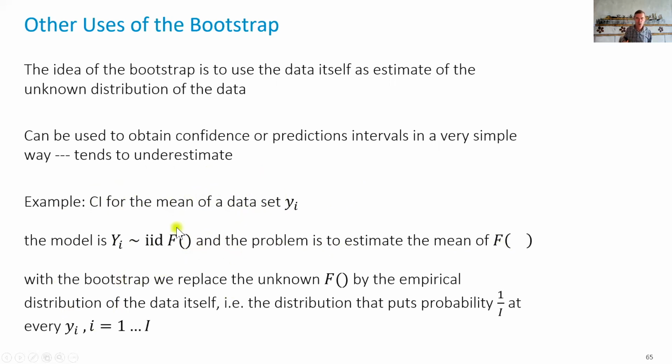What do we do? Well, with the bootstrap from residuals, the residuals are the y's themselves here, we replace the unknown distribution f by the data itself. So the mean of f is the sample mean, and the distribution that we've taken as a replacement for f is the distribution that puts the same probability at all the points yi. So we've replaced the true CDF by the sample CDF here.